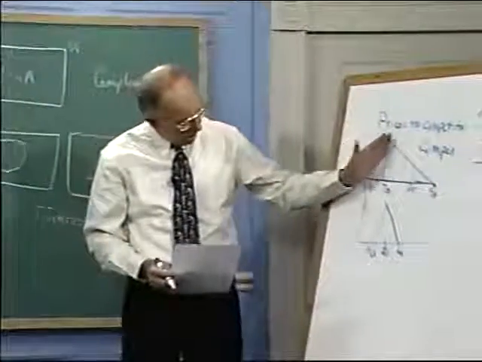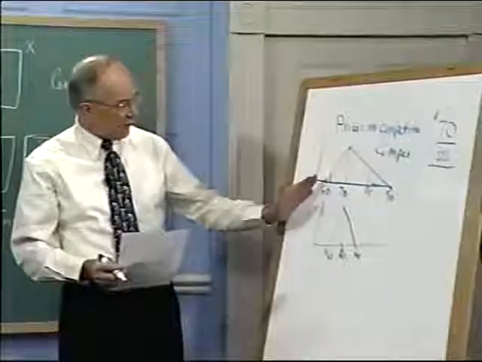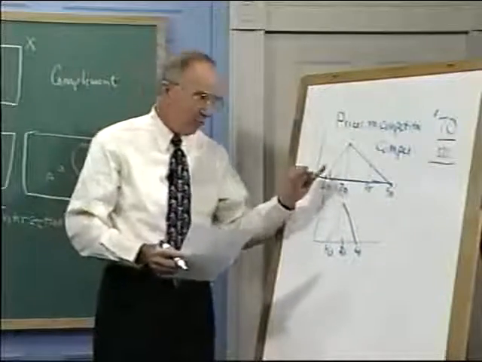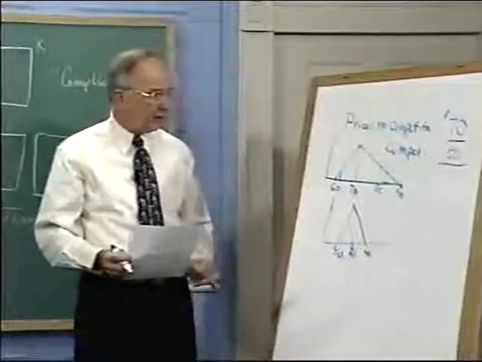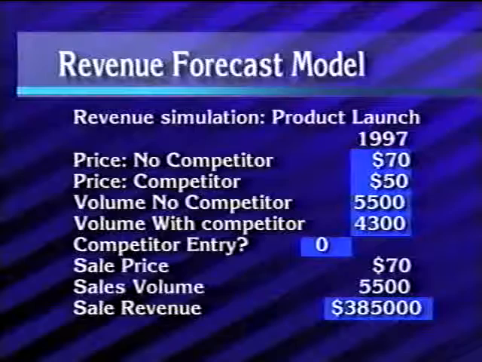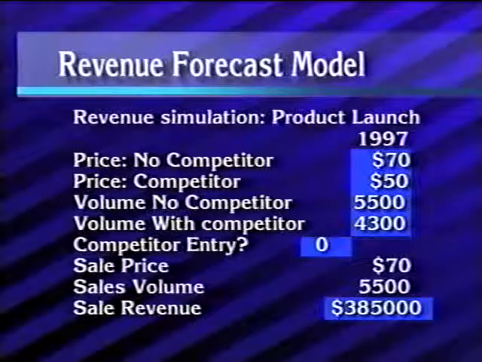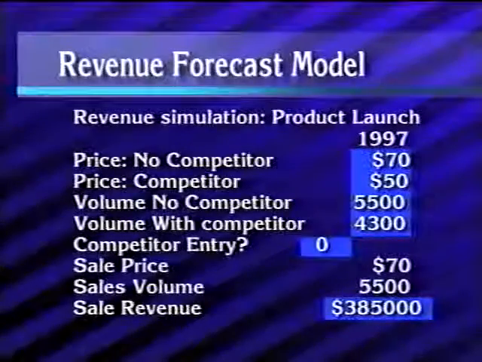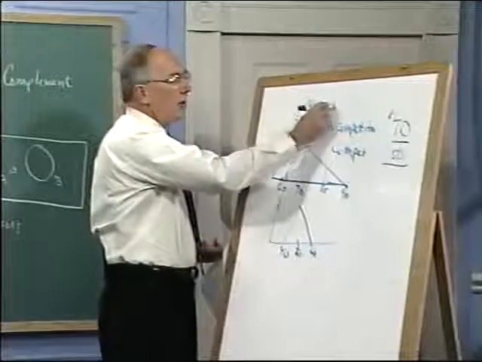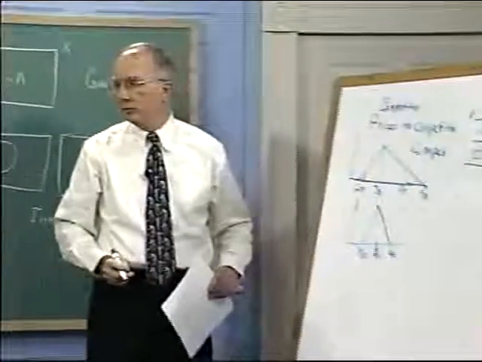See, these here are continuous in the sense that any value could be assumed for the price if the competitor doesn't enter or the competitor does enter. But the competitor entry, notice, is a 0 or a 1. So up here, and I'll put it at the top for space, I don't know whether or not my competitor is going to enter.